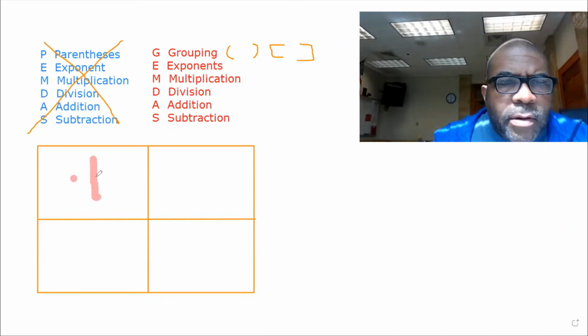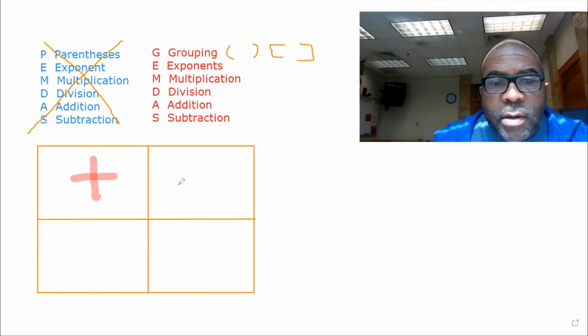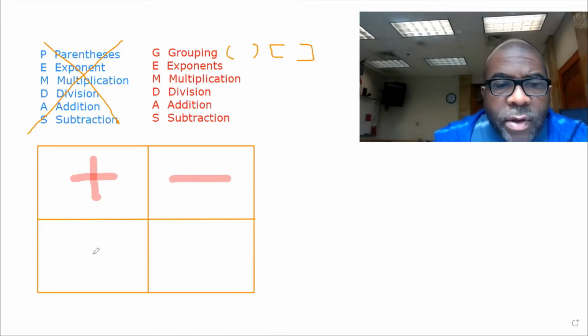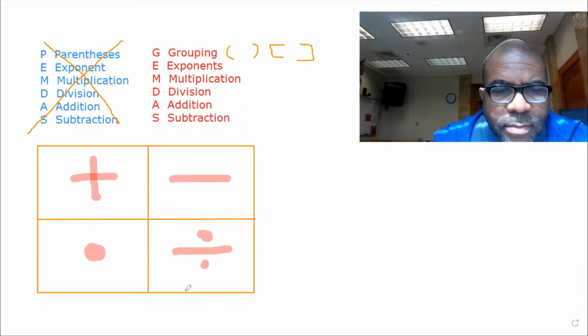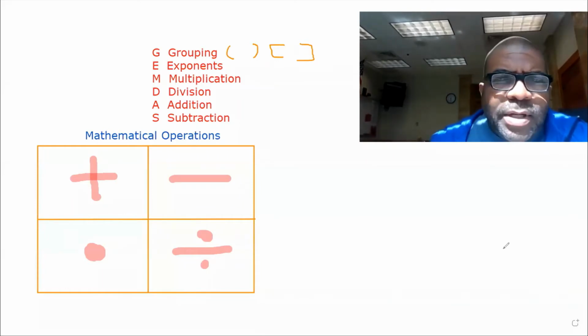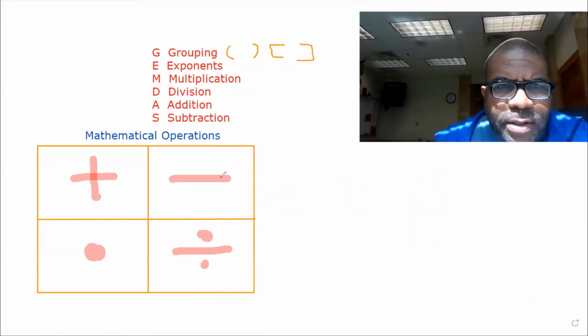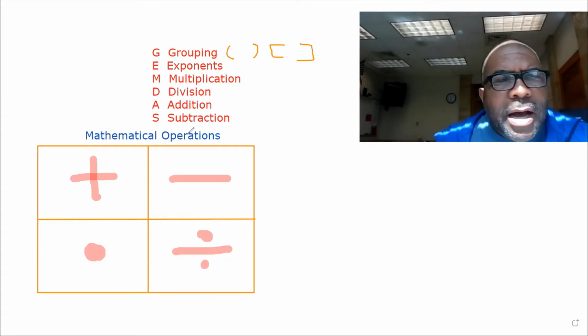You have plus, and what's the opposite of plus? Minus. And then we have multiplication and division. We're dealing with these 4 mathematical operations: addition, subtraction, multiplication, and division.